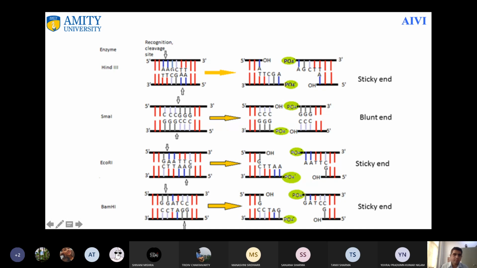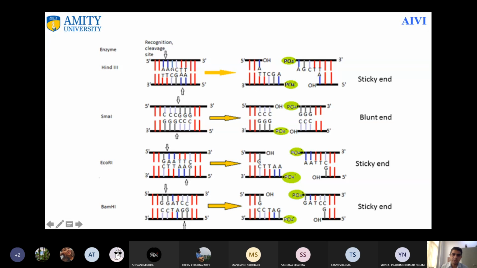Okay. Another example is SmaI. It is going to produce a blunt end cut. The blunt end cut is between C and G, a symmetric cut, with three nucleotides on this side and three nucleotides on this side. So we are going to get a blunt end. EcoRI we already have studied.